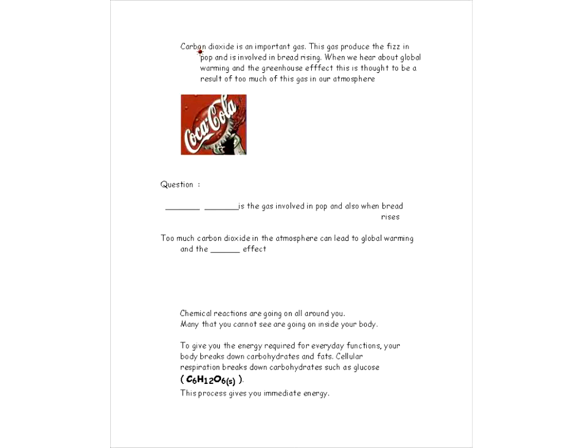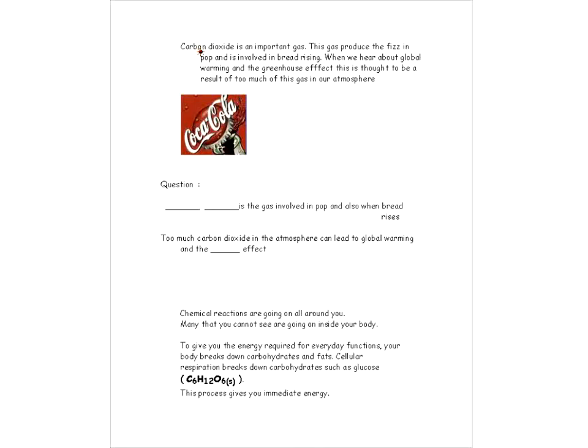What's actually going on is you've got yeast organisms growing in the bread, and they produce carbon dioxide gas, which causes the bread to rise. Now you guys have probably heard a little bit about global warming or the greenhouse effect. Those things are a result of too much carbon dioxide gas in our atmosphere. Maybe you've seen one of these movies about the polar ice caps melting and that sort of thing.